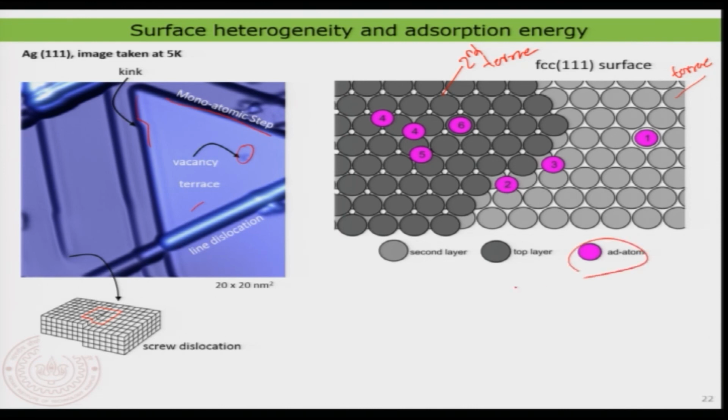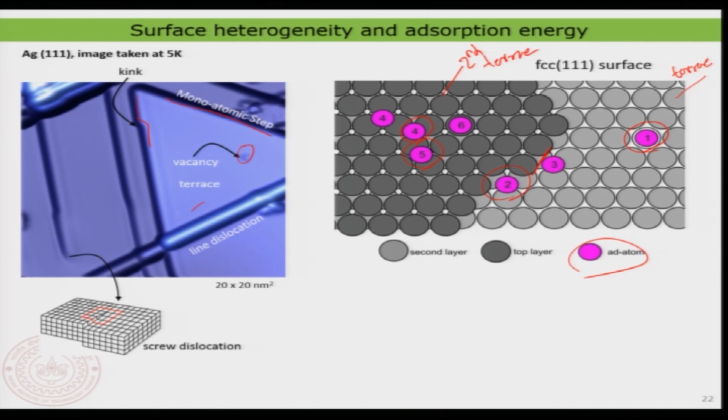So, these are the adatoms that I am going to put onto the surface. So, they can get vacancies, they can get step edges, they can get kinks, then they can get bridges and they can get HCP sites and so on. So, there is a variety of adsorption sites that you can get on the surface compared to the ideal cases we have seen in the previous slides.